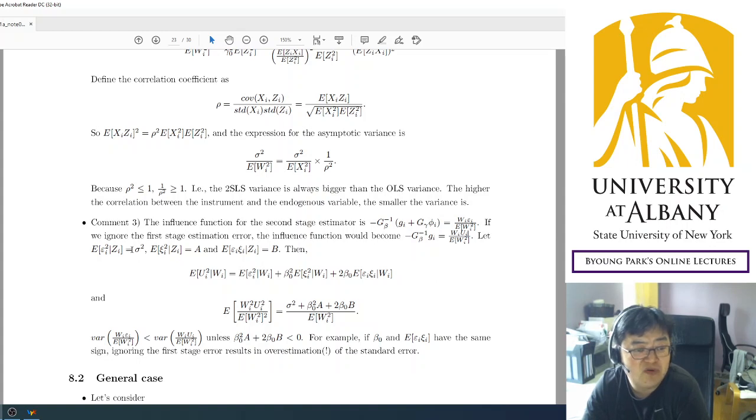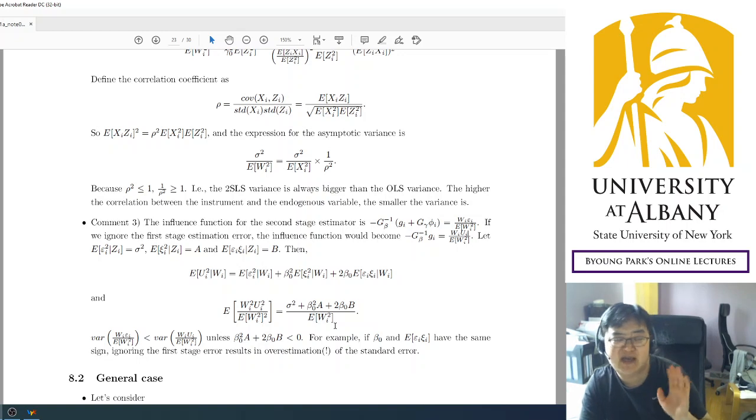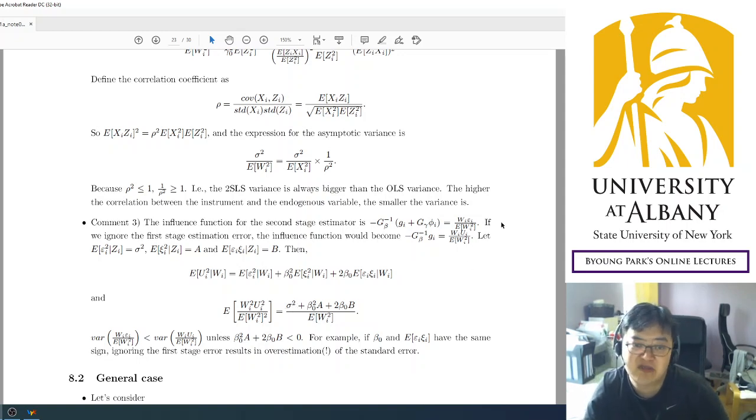So if you expand the variance of this, you can get this format. Still, the sign is not determined. It can be smaller or greater than this. If you compare the variances of this and this, the sign is not exactly determined, but in most cases, unless this happens, this variance is greater than this one, and this condition is likely to hold.